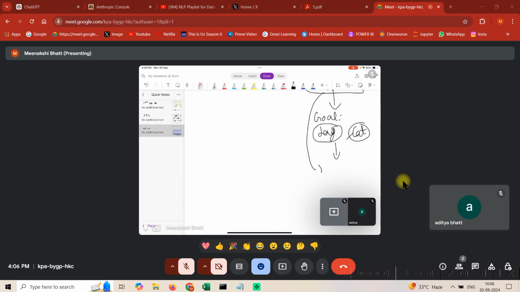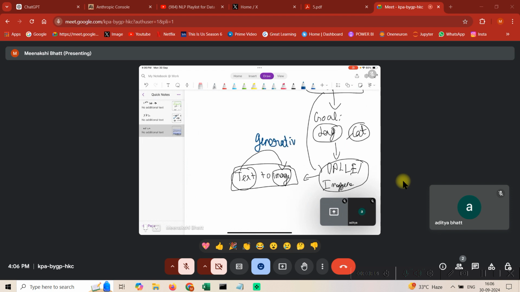DALL-E and Imagen are text to image models, which have the ability to generate images from text. This is a perfect example of generative models.